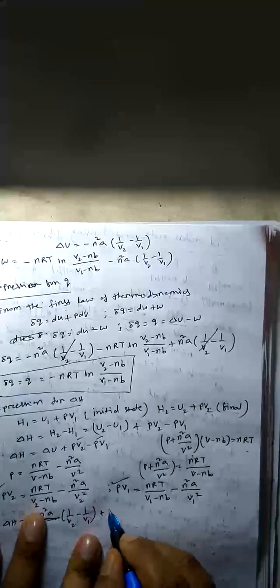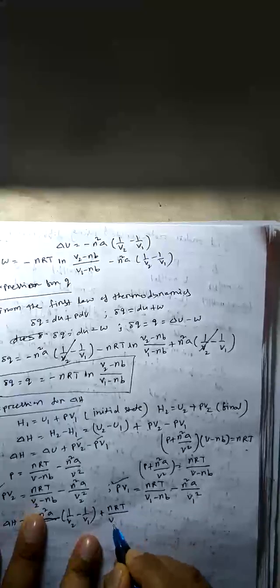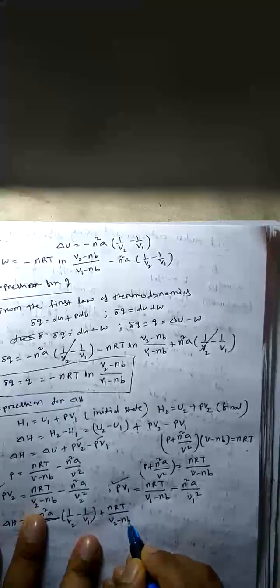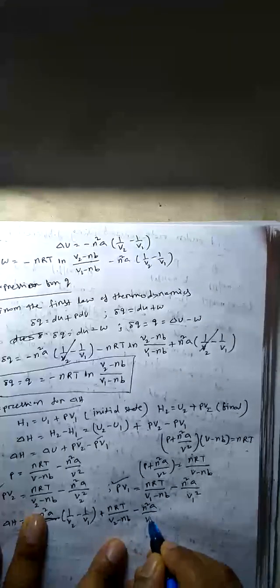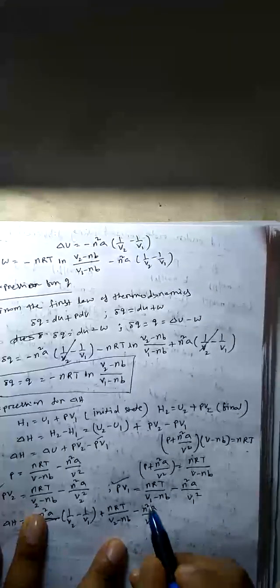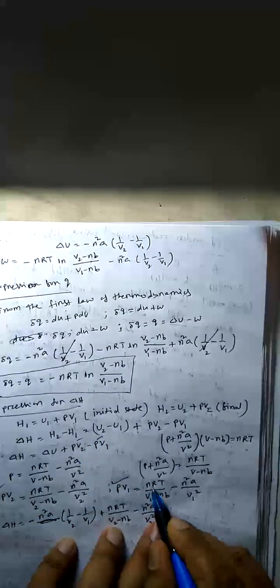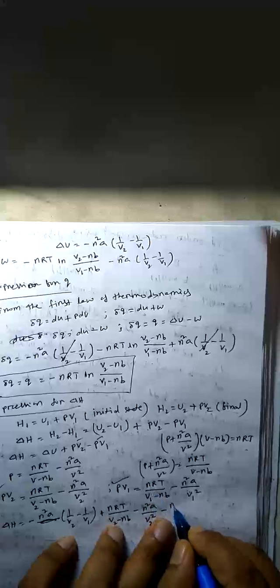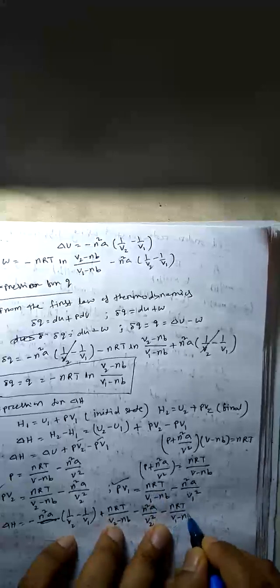This is delta U. Then plus PV2, the PV2 value is this one: nRT divided by V2 minus nb, minus n square a by V2 square. Then PV2 minus PV1, and PV1 is this one: nRT divided by V1 minus nb.